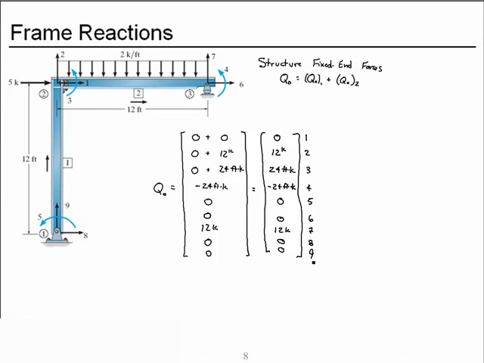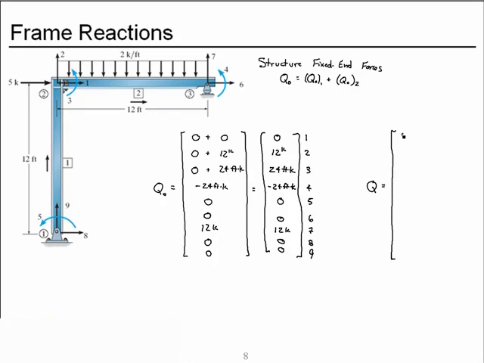Now we'll also need, in order to solve for deformations, capital Q, not the fixed end forces, but the applied forces in global coordinates for all of the degrees of freedom for the frame. And this structure has only one force applied directly to a degree of freedom, and that's the 5 kips applied at degree of freedom 1.